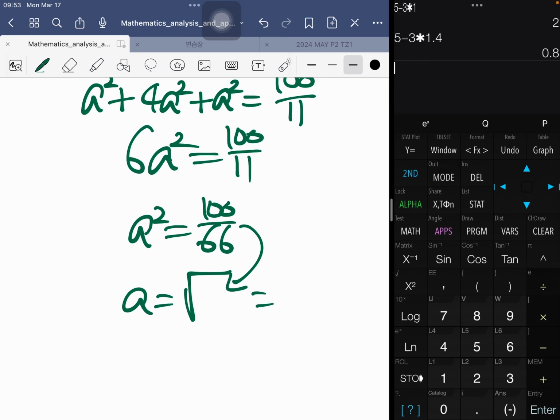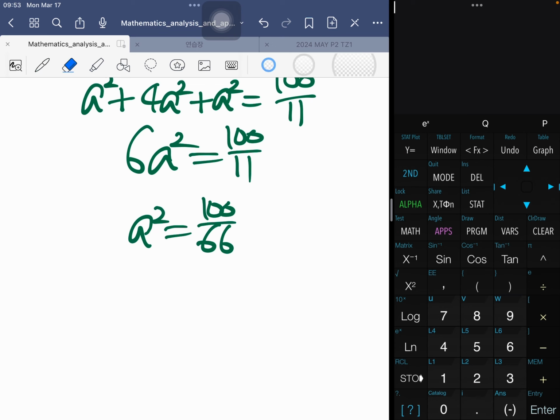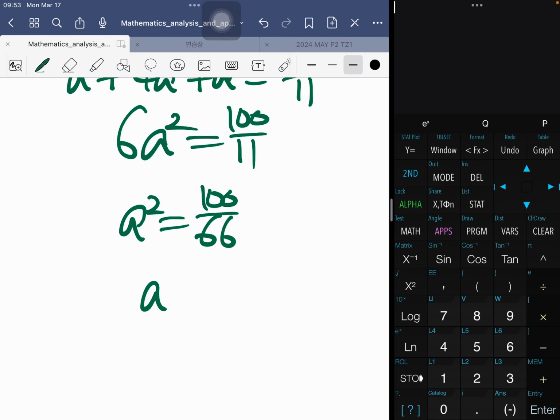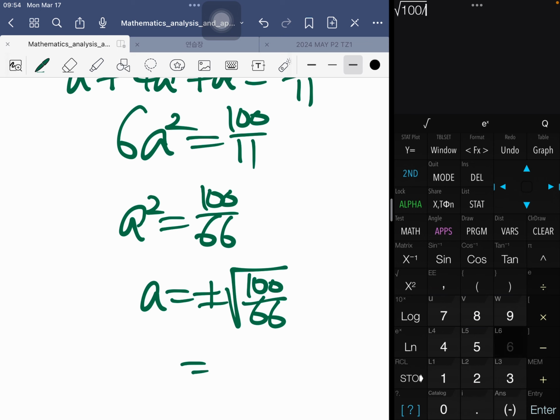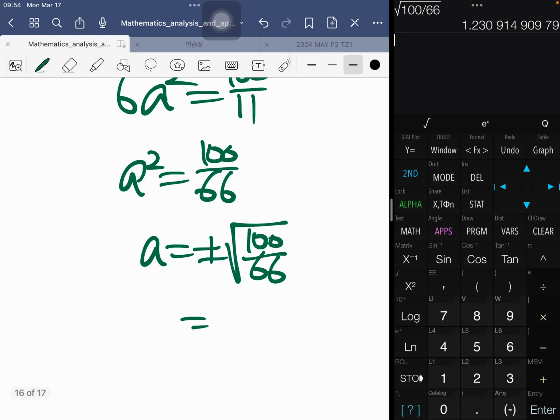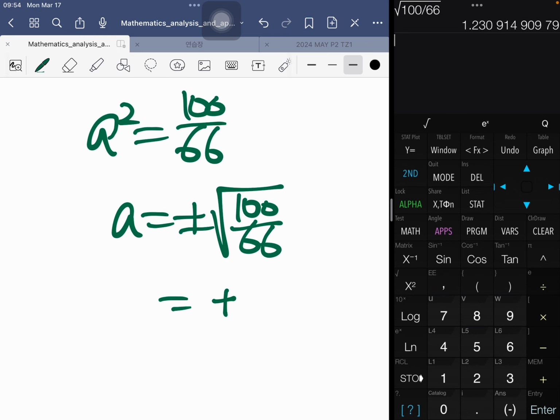Click on quit. Don't make a mistake like this. So A is plus and minus the square root of 100 divided by 66, which is plus or minus 1.23.